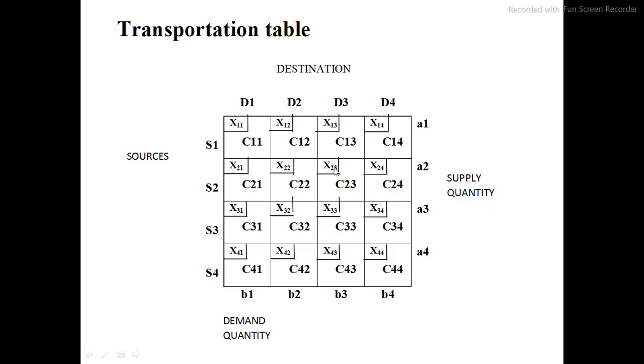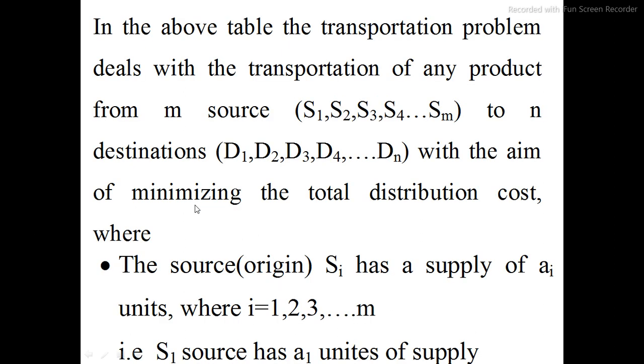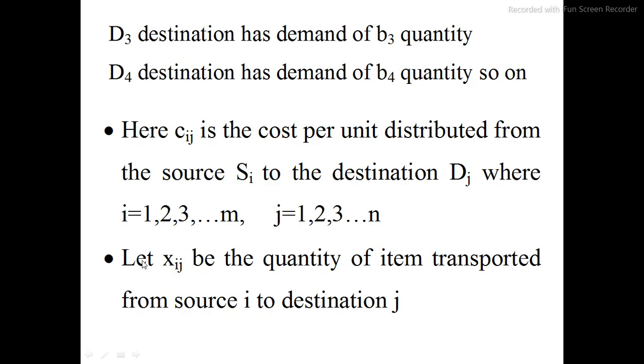If you multiply these two, X23 and C23, we get the total cost to transport from the source S2 to D3. So this is the table where we are going to represent. In general, let Xij be the quantity of items transported from source i to destination j.